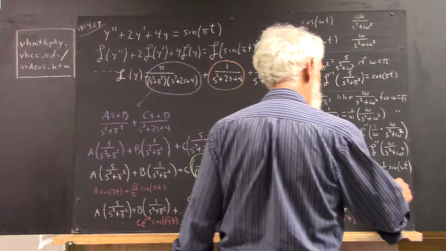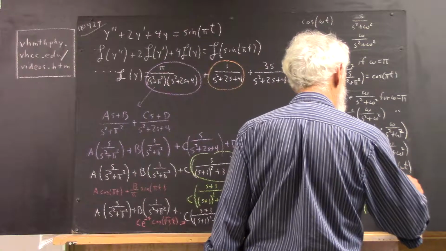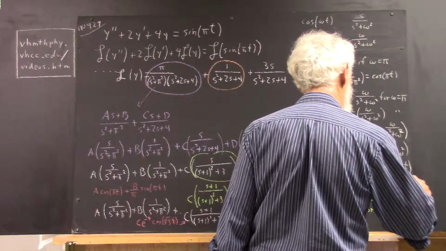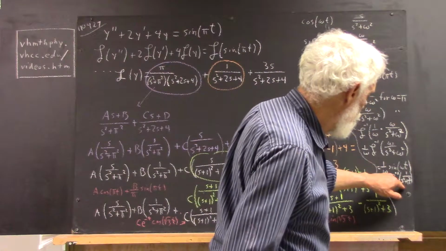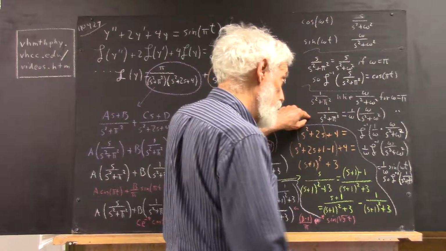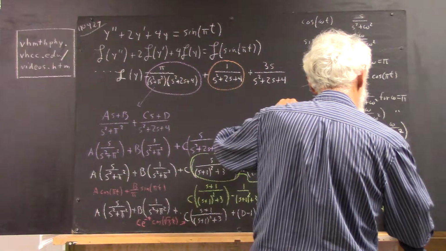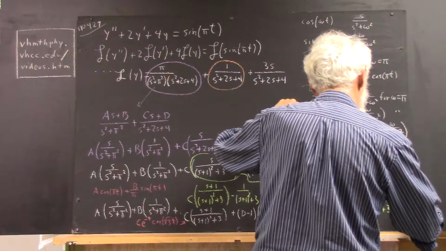So, inverse transform, getting kind of small here, but you should have good resolution, of 1 over S squared plus pi squared, this thing is 1 over pi times the sine of pi t.